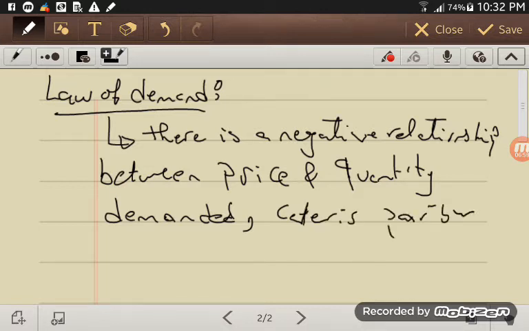Ceteris paribus means keep all other factors constant.